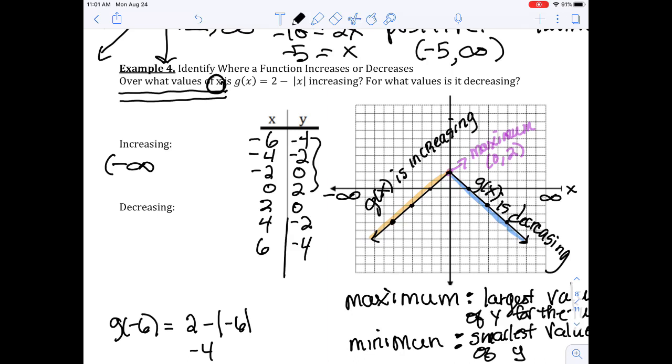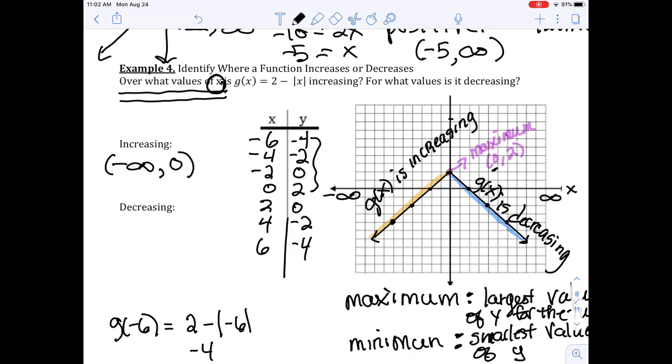If you look at the orange part of the graph, the interval where g of x is increasing begins at negative infinity and goes all the way to that purple dot, which is the maximum point. So negative infinity to 0. Remember, these are x values. The x value of that maximum point is 0. So g of x is increasing from negative infinity to 0.